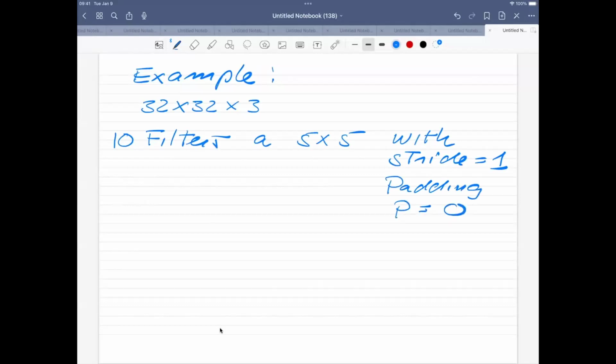So when we have no padding, each filter produces an image with the following dimension.